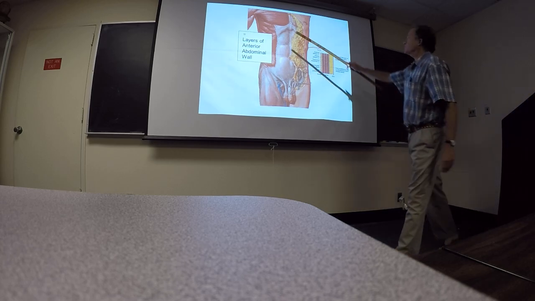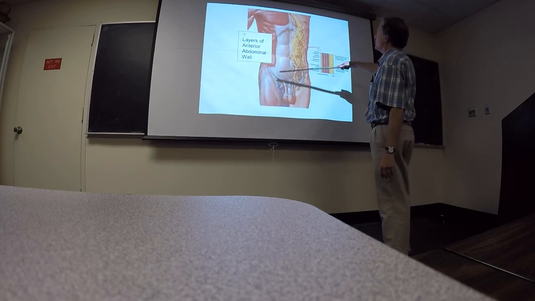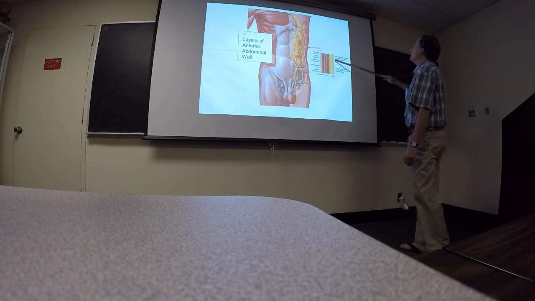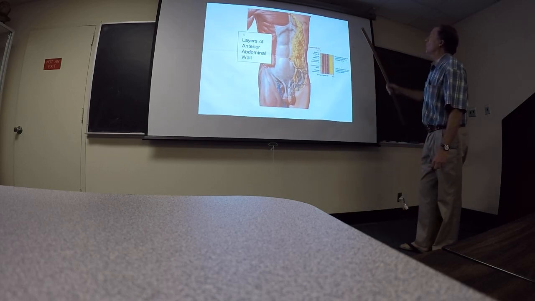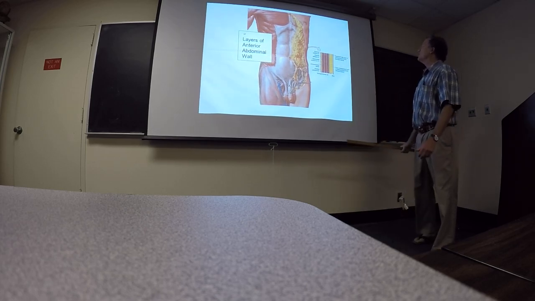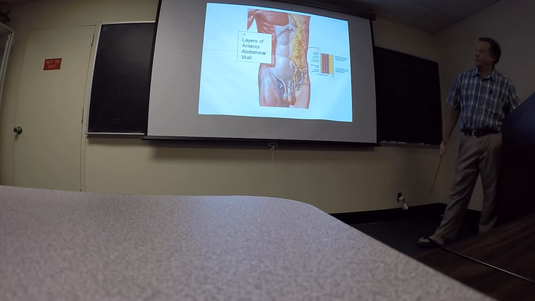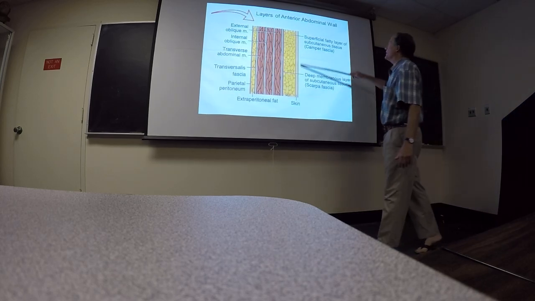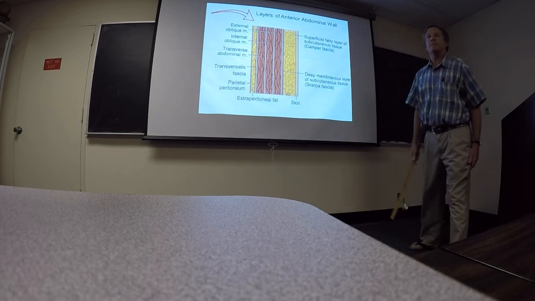Okay, so the point is this is not just a single unit, this anterior abdominal wall. There are a series of layers which you will want to find in the course of today's dissection. So let's blow this up. The stuff on the outside you're pretty familiar with, it's skin.